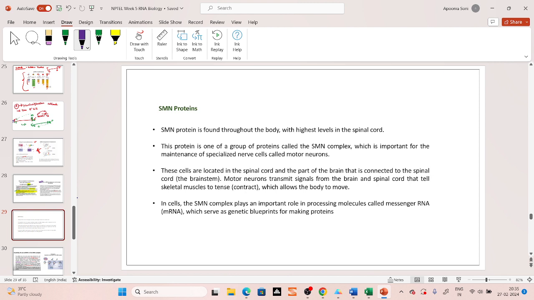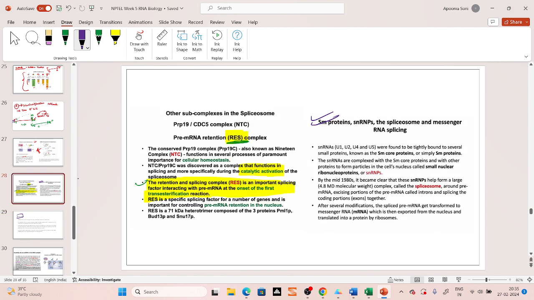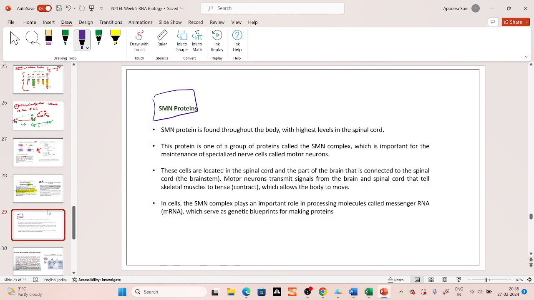Now comes another important thing, which is SMN proteins. Basically, what are SMN proteins? SMN stands for survival motor neuron proteins. These are specialized kinds of proteins which are present throughout the body, but their highest levels are present in the spinal cord.